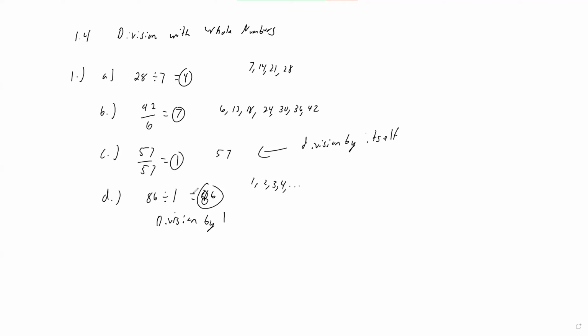All right. Now, the next tricky part comes into play when we talk about division with 0. There's two ways to look at this. If you have 0 divided by 7, that's 0. If you have 7 divided by 0, this is called undefined. You can never have 0 as the divisor.